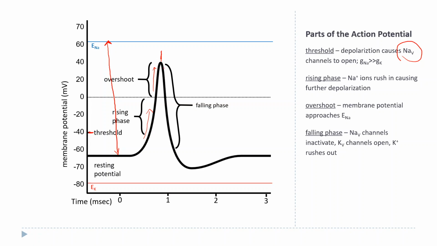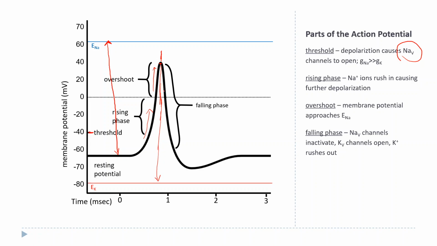The potassium current is a function of the conductance for potassium, which is a property of how many channels are open, but also of the distance between the membrane potential, now maybe plus 40, plus 50, whatever it got to, and the equilibrium potential for potassium, which is way down here.